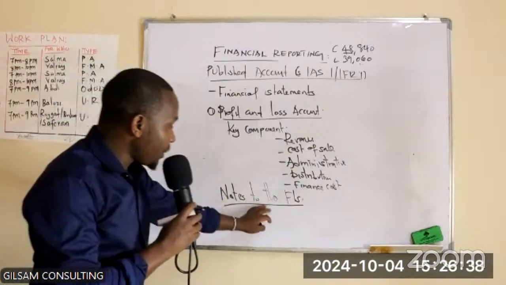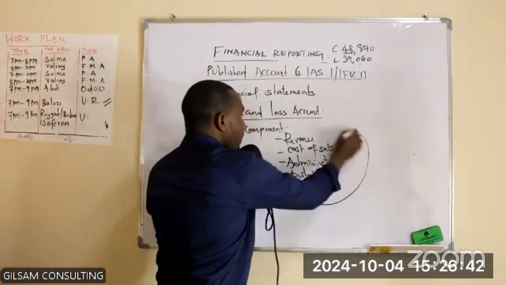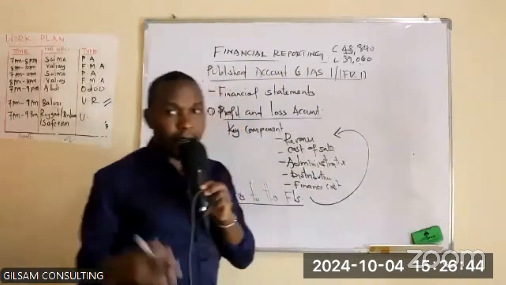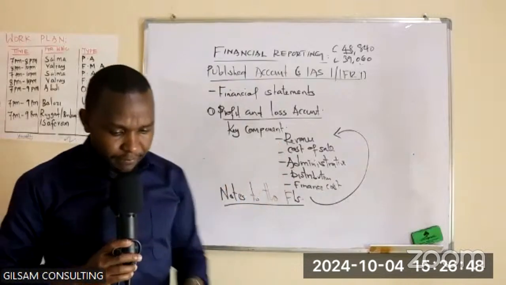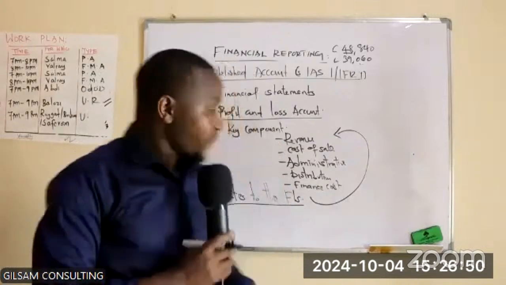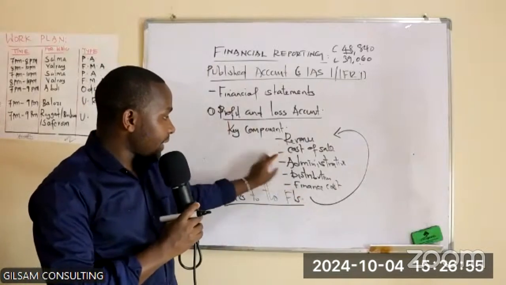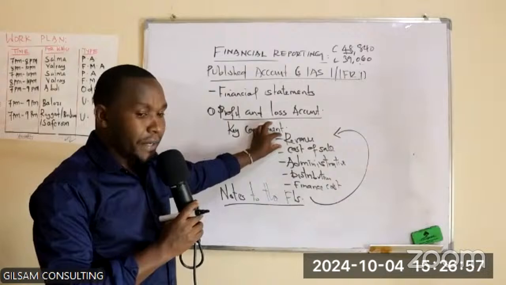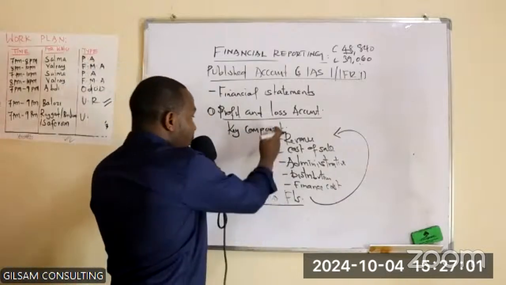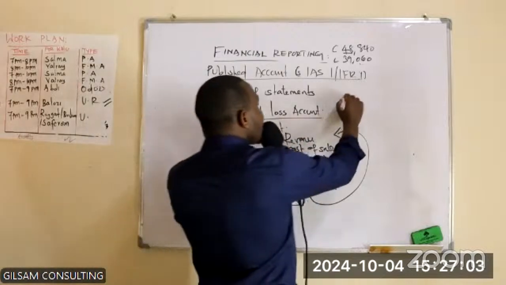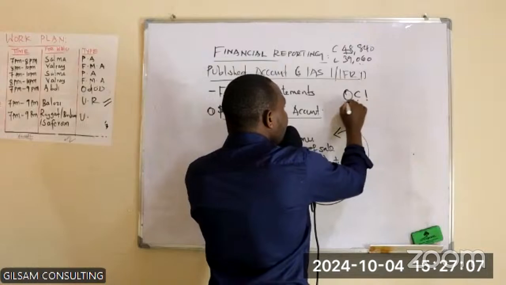Once we are done with the notes, we can bring in these summarized ledgers. Remember, these are the main costs and the main revenue. So we have other revenue which is not recorded here. That one we call OCI, other comprehensive income.